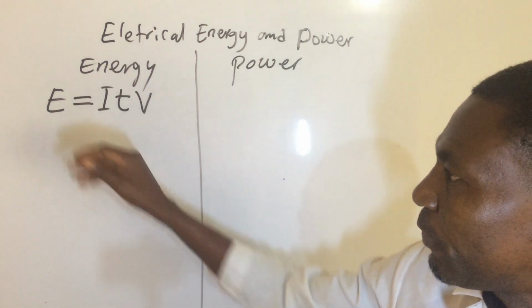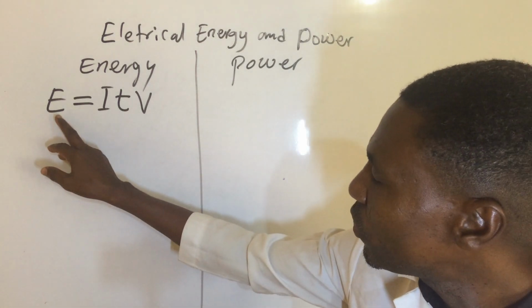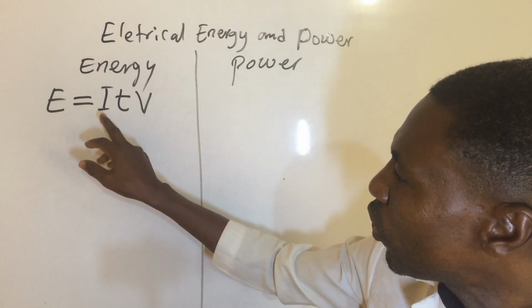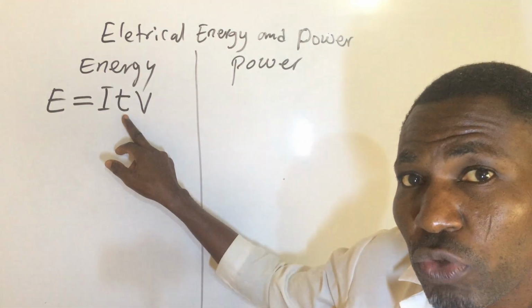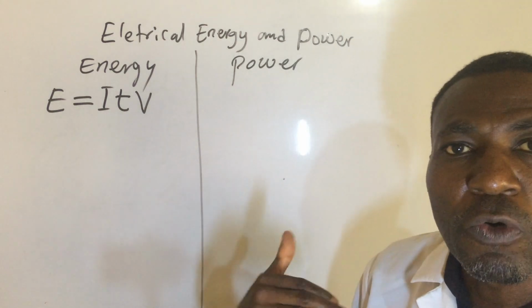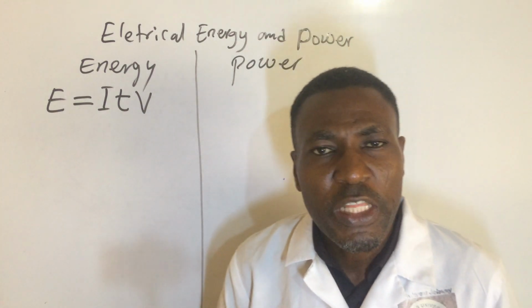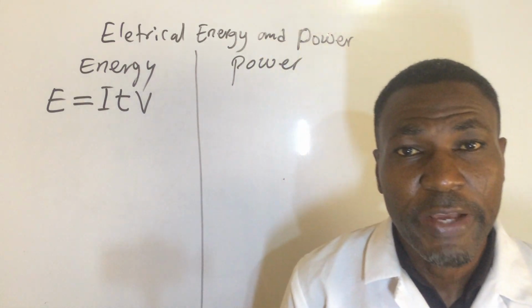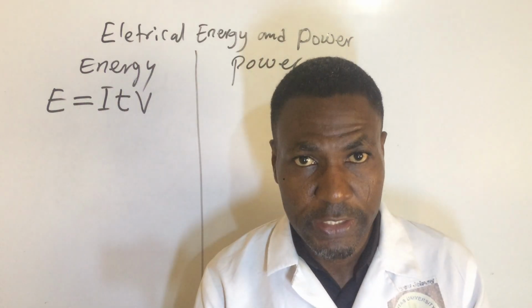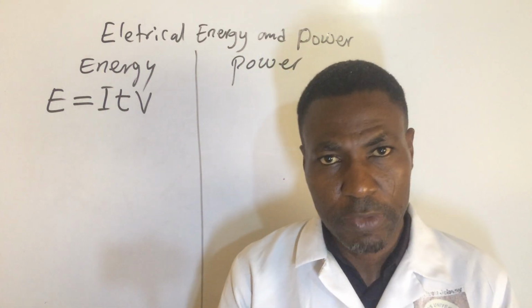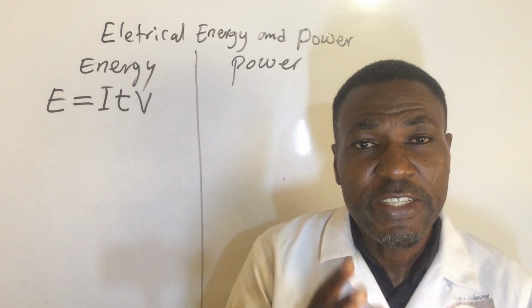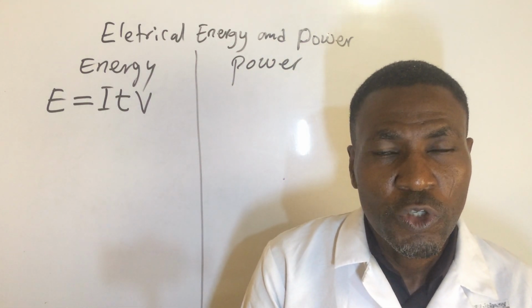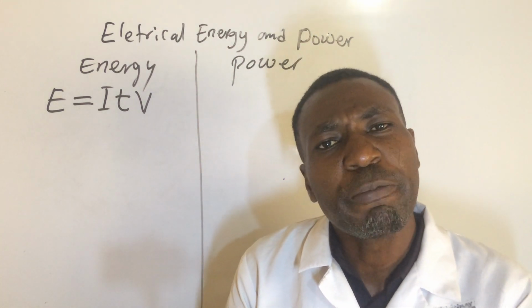Now, using this formula, it says that electrical energy is equal to the current consumed times the time taken for the electrical appliance to do the work times the voltage. Take for instance you have an electrical grinder, and you want to grind something. It is the ability of this grinder to grind what you have put inside it.